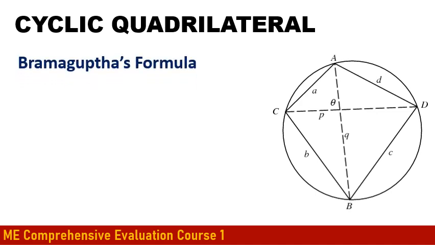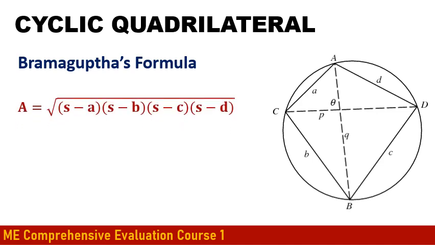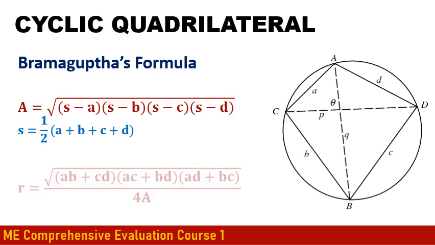Using Brahmagupta's formula, you can get the area of this cyclic quadrilateral. This area here is the area of this quadrilateral, not the area of the circle. You can use this formula where S is the semi-perimeter, or 1/2 of the perimeter of this quadrilateral.